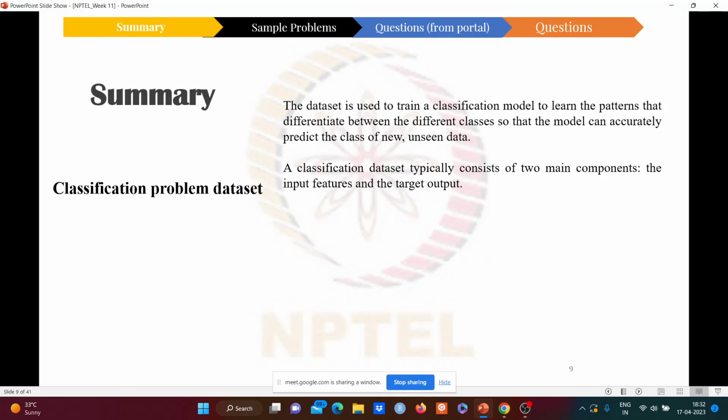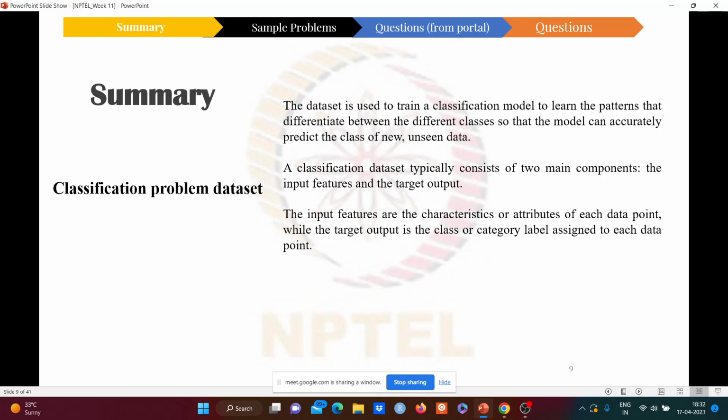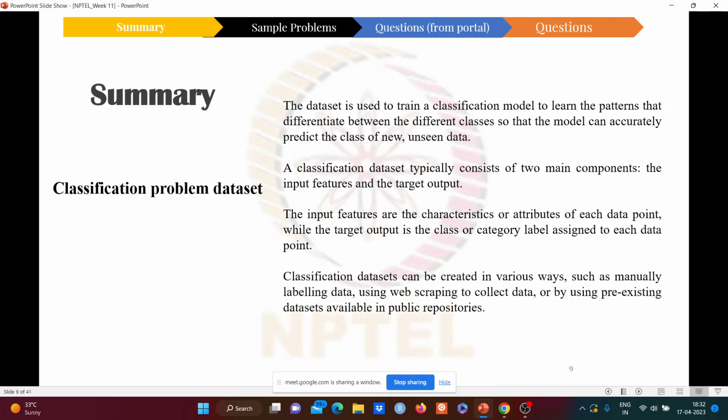These classification datasets can be created in various ways, such as manually labeling data, using web scraping to collect data, or using pre-existing datasets available in public repositories. These datasets may be cleaned and pre-processed to remove missing values or irrelevant features before being used for training the model.